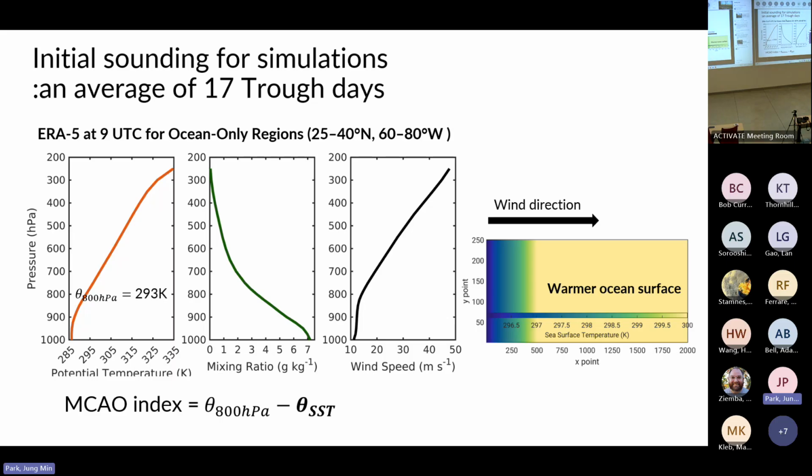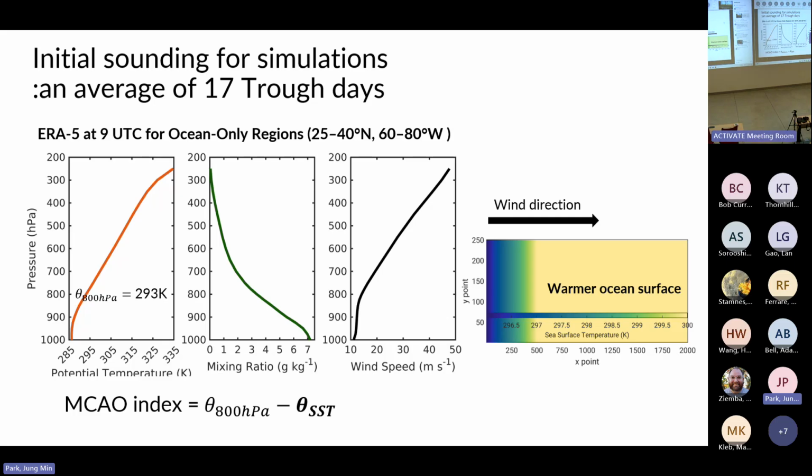So in relation to the marine cold air outbreak index, which is often used to represent the occurrence or the intensity of the event, defined by the potential temperature difference between 800 hectopascal and the sea surface, in the base sounding, the potential temperature at 800 hectopascal is 293 Kelvin.